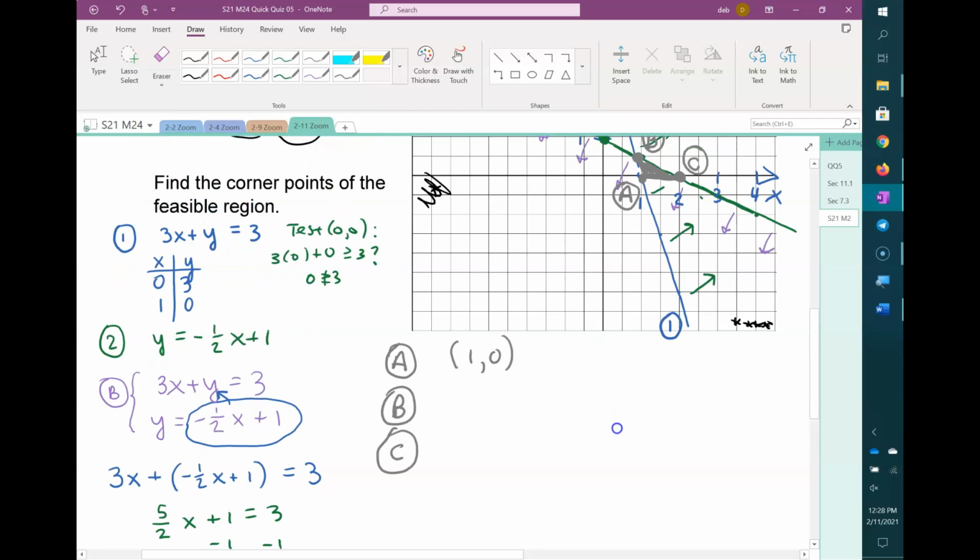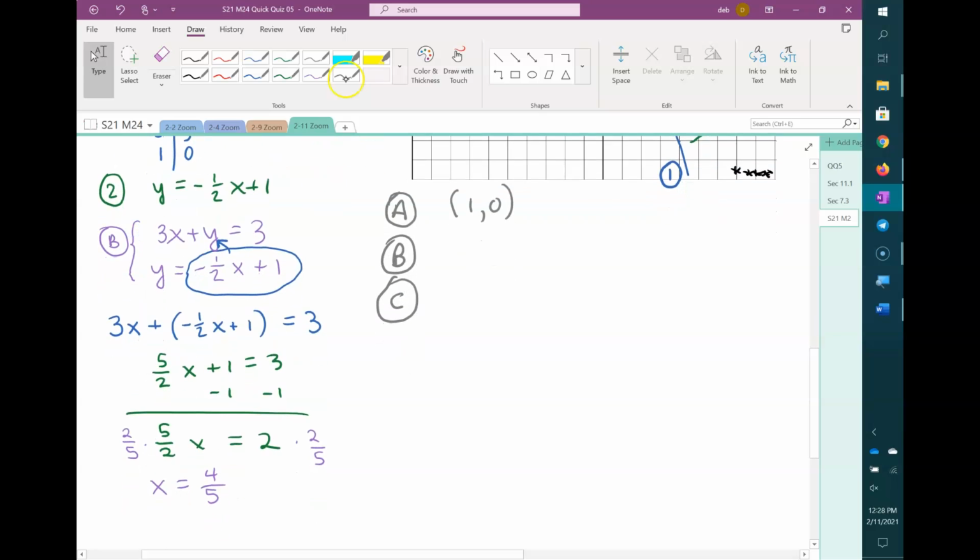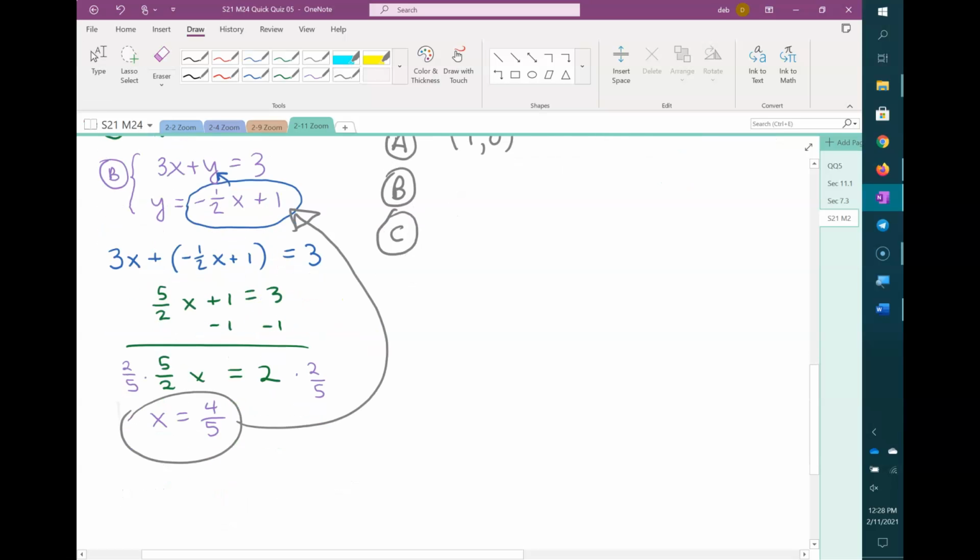So let's go look at the graph and see if that seems reasonable. For point B, this 4/5 seems reasonable for the x-coordinate of that point. It's almost to 1. Now I have an equation that says if I know what x is, here's how I can find out what y is.